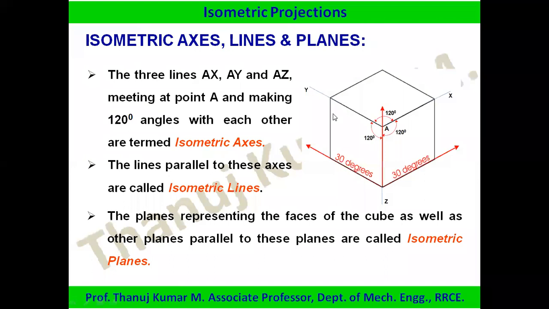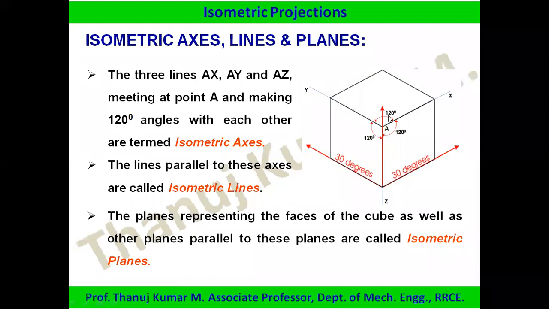Next, talking about the isometric axes, planes and lines. If you see, the three lines AX, AY, and AZ meeting at a point A, making 120 degree angles with each other, are called isometric axes.